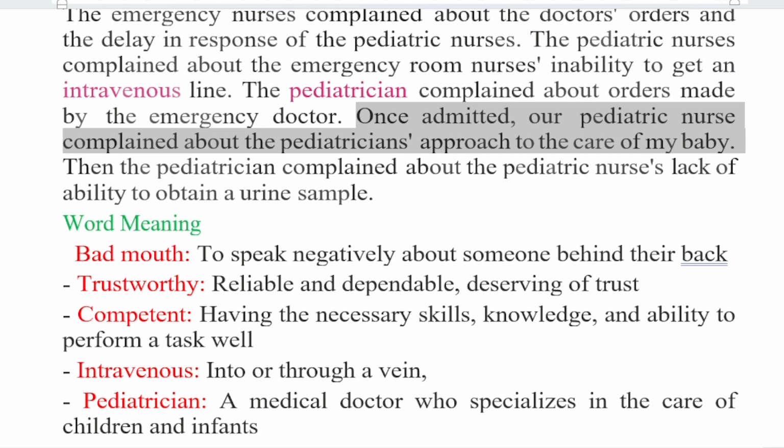Once admitted, our pediatric nurses complained about the pediatrician's approach to the care of my baby. So after the baby was admitted to the hospital, the nurse in charge of taking care of children complained because they were not happy with the way the pediatricians were caring for the baby.